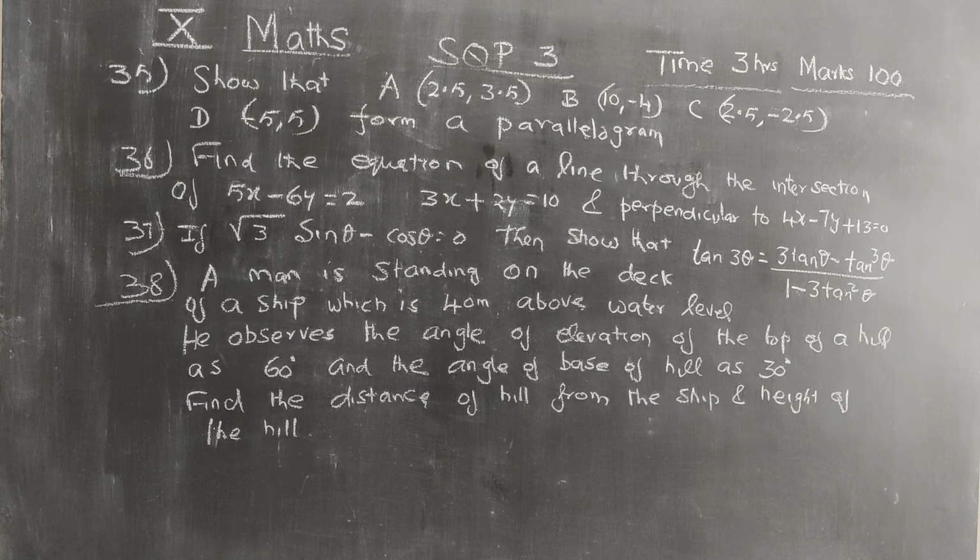He observes the angle of elevation of the top of a hill as 60 degrees and the angle of the base of hill as 30 degrees. Find the distance of hill from the ship and height of the hill.